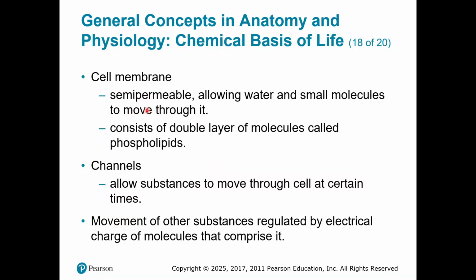All right. Cell membrane, we talked about this: semi-permeable, allowing water and small molecules to move through it. So it's going to allow your sodium to come in. It's going to allow your water to come in, or your extracellular fluid to come into your intracellular fluid, right? The wall of the cell membrane is composed of phospholipids.